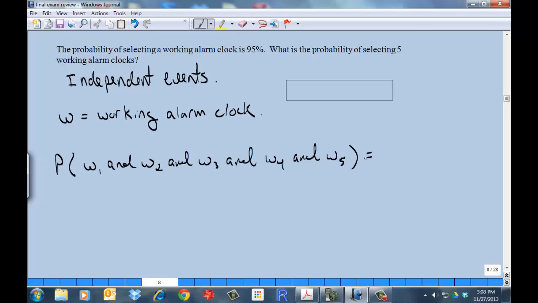And so since they are all independent, we can write this as the probability that the first one is working times the probability the second is working times the probability the third is working, so on and so forth.